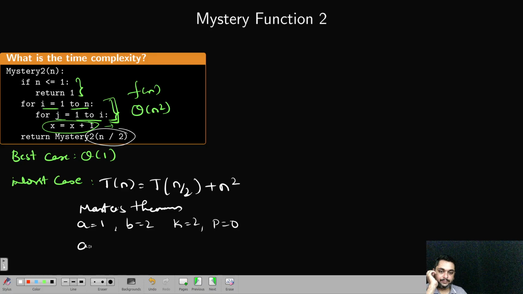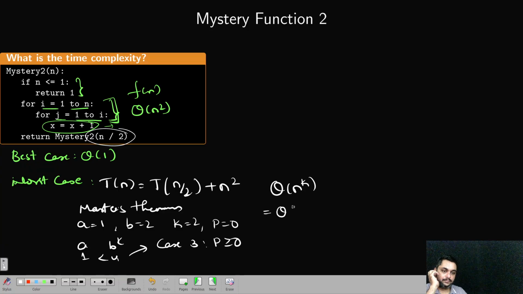So a and b power k: a is 1, b power k is 4. a is less than 4, so apply case 3. In that p is greater than or equal to 0. So I will get theta n power k, that is theta of n square.